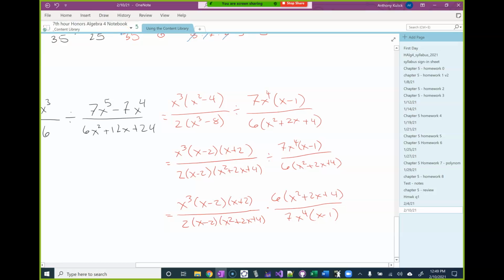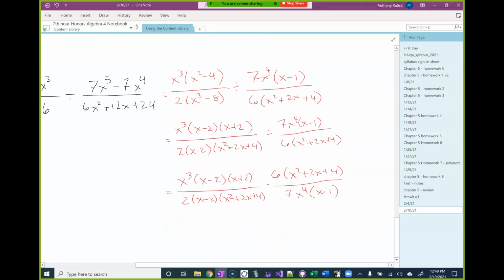All right, what do we see that can reduce? Anybody see anything? Okay, the x squared plus 2x plus 4. Anything else? The x minus 2's. Good. Anything else? Okay.